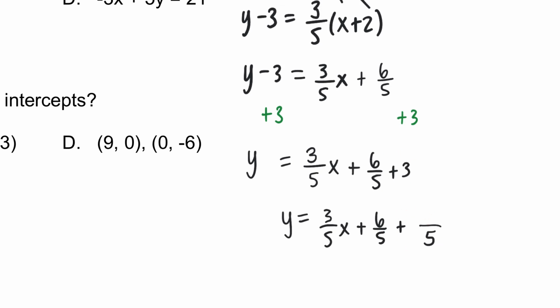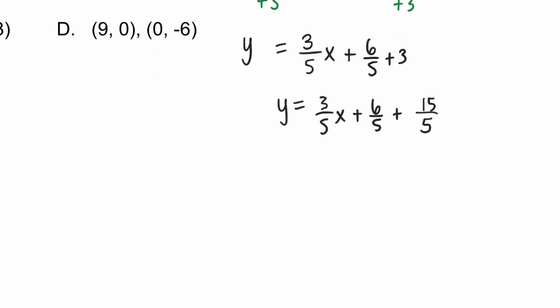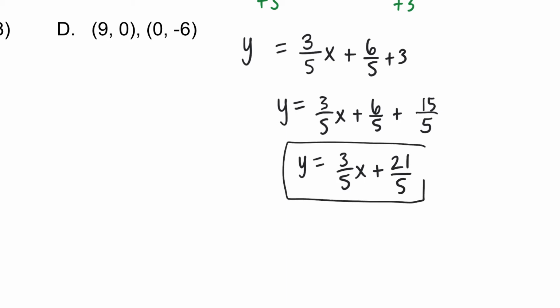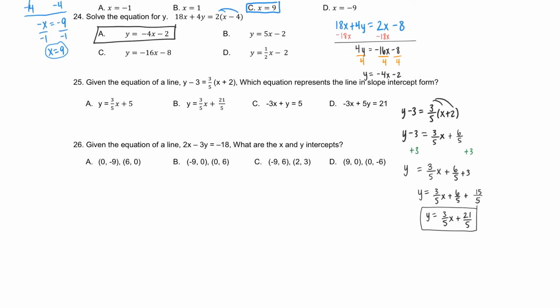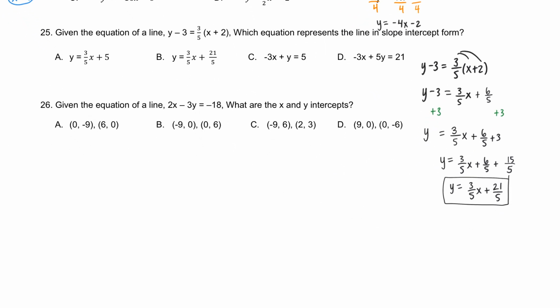So how many fifths is 3? Well, it's 15 over 5, because that's what 3 is. From here we've got y is equal to 3/5 x, and then if you have 6/5 and 15/5 and you add them together, you would have 21/5. That would be your answer for number 25. So that's going to be this guy right here. That's in slope-intercept form.